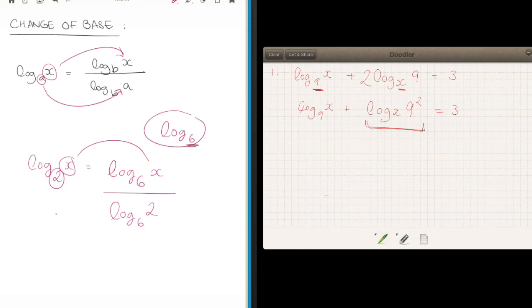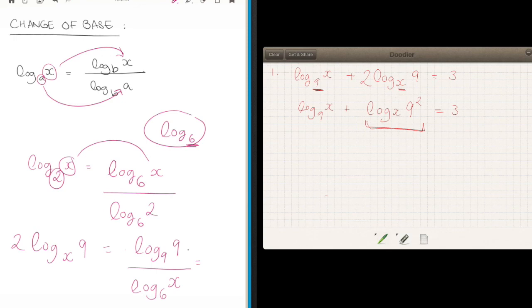okay, so you have this rule, you have log base x of 9, and you want your desired base to be 9. So what you'll do is, I have log base 9, my desired base, of 9, divided by log of the desired base and your original base, which is x.